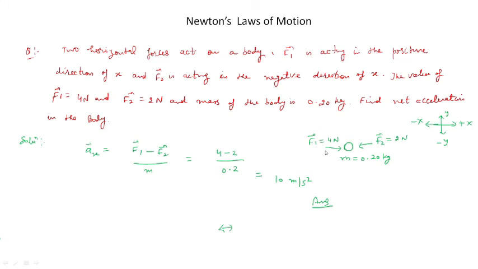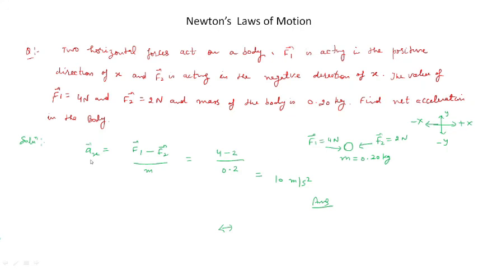So the net force will be equal to F1 minus F2, because 4 Newton force is acting in positive x direction and it is higher than the F2 force. So F1 minus F2 divided by m. M is mass of the body which is equal to 0.2 kilogram.